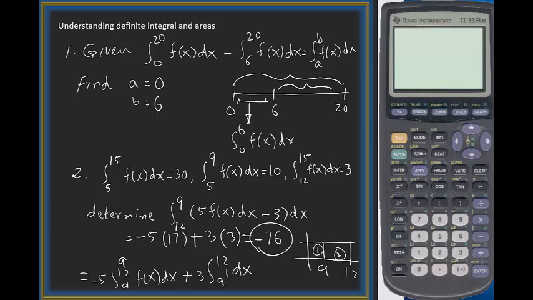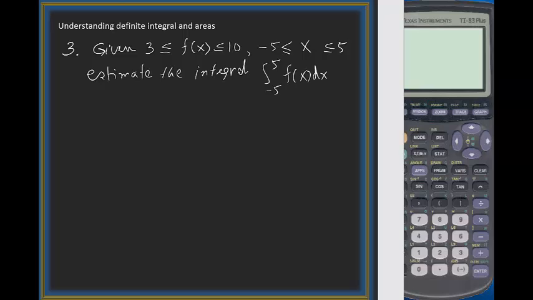I'll take one more example. We're given that the function is bounded below by 3 and above by 10, and the domain is negative 5 to 5. We need to estimate the integral from negative 5 to 5 of f(x) dx. So we start from the given relation of the function.